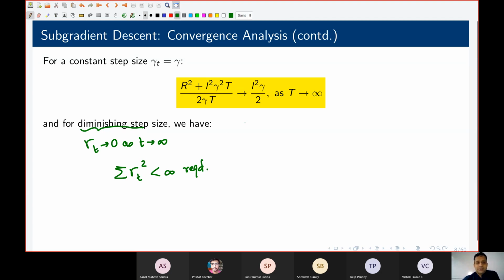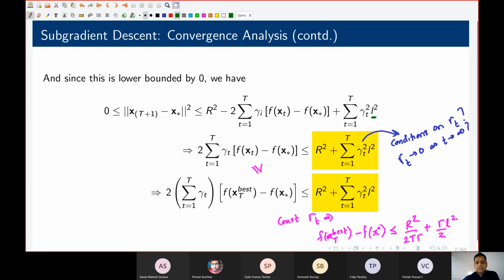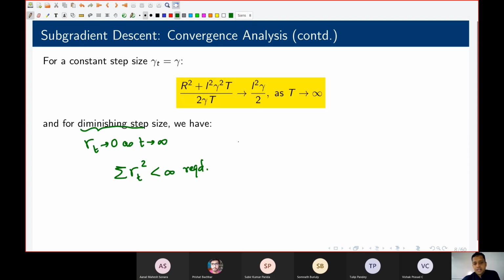So let's actually write down the expression properly. So we'll have to take f of x t best minus f of x star.